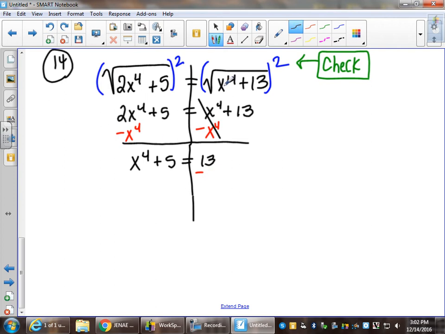Let's move 5. x to the fourth equals 13 minus 5, which is 8. I will raise both sides to the 1/4.